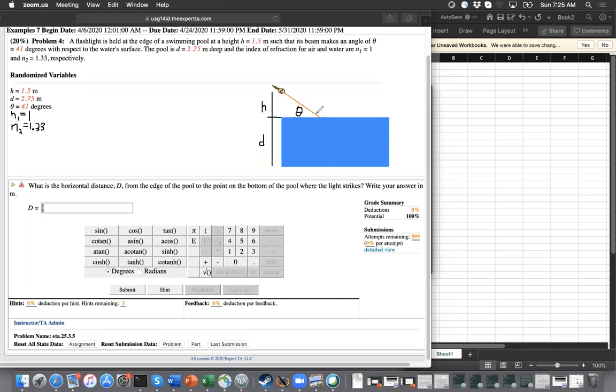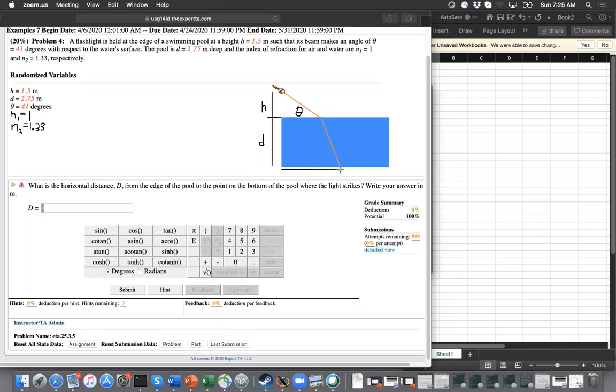Now that's where it hits the surface, but that's not all we need. We also need the beam to go into the water. And because water has a different index of refraction, it won't follow exactly the same path. Since we're going from something with low index to high index, it'll come down at a slightly steeper angle. Okay, so we got that. What we're interested in in this case is this distance.